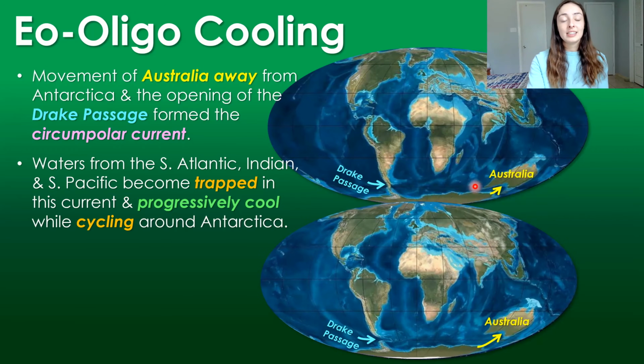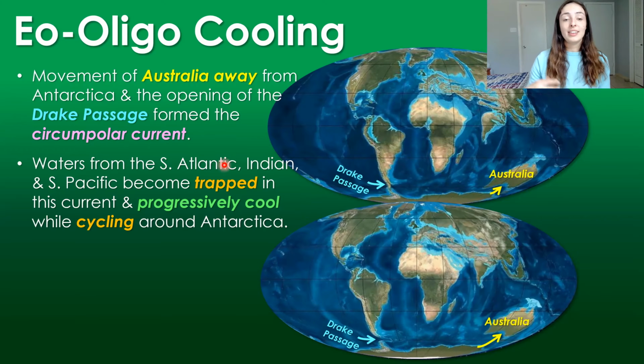Well, in the Eocene, as this globe up here shows, Australia had started breaking away from Antarctica. And then in the Oligocene, it began moving further away. This was key, along with the opening of what's called the Drake Passage between South America and Antarctica that formed the circumpolar current, basically the current that goes all the way around Antarctica.